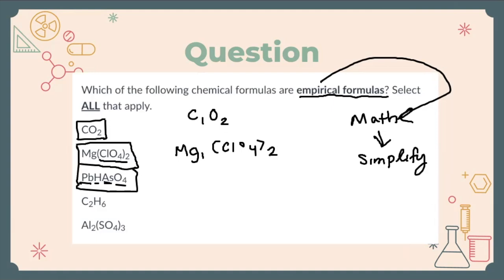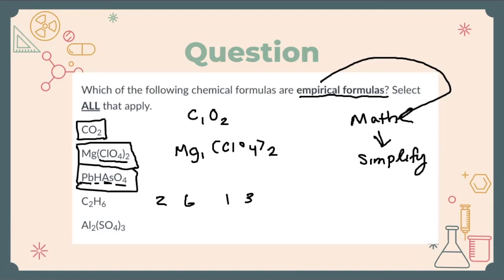Now, we have C2H6. Is there a number that can be divided by both 2 and 6 that can simplify these numbers? Well, 2 can be divided by 2 to give you 1, and 6 can be divided by 2 to give you 3. So really the simplest format should be 1 and 3.